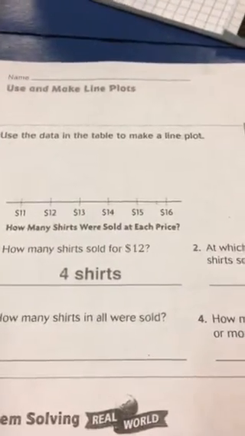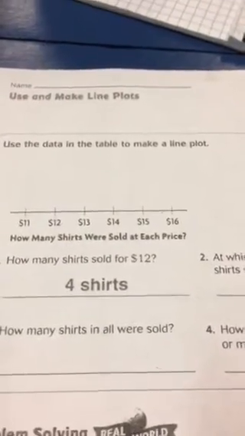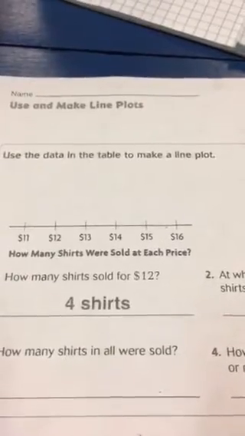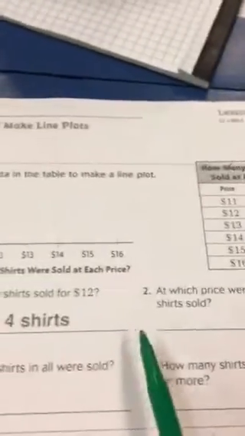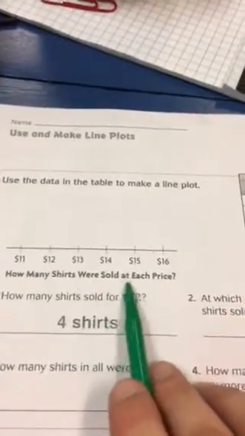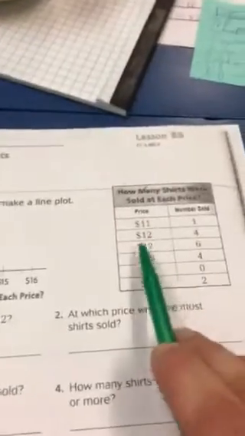All right, now on the back side, it says use the data in the table to make a line plot. Now you have to make one, all right? And this is easy because it's not like a pictograph where one watermelon stands for 5 students or something like that. How many shirts were sold at each price? Here's your price points, here's your number of shirts.